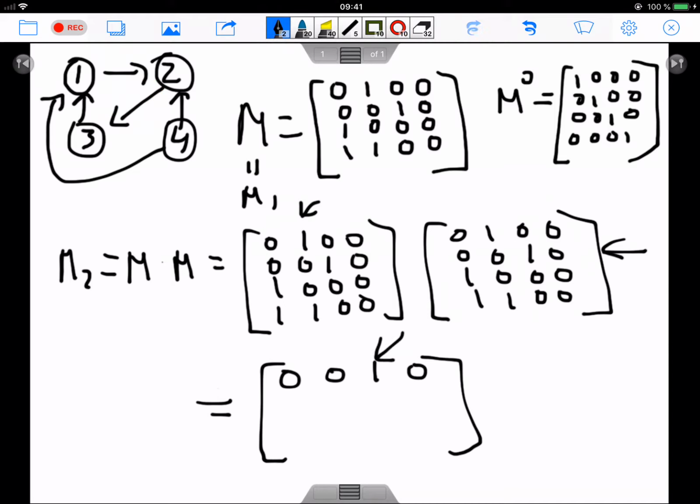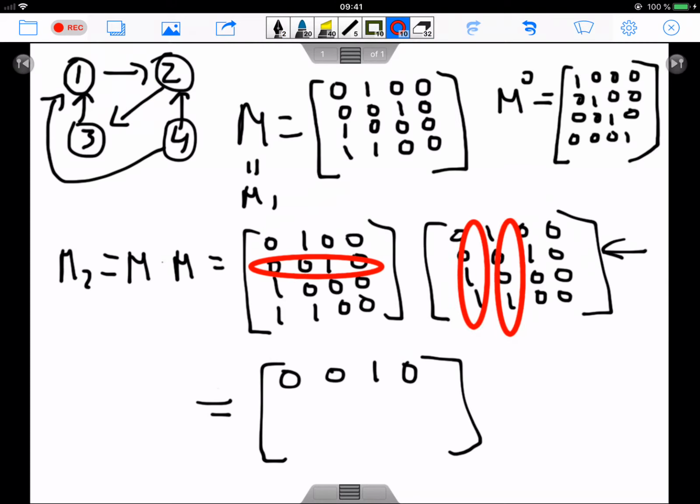So let's do the same but a bit quicker now for the second row. So this is 0. Let me erase this. Now we are going to multiply this row here times this column, then this column, then the third, then the fourth.